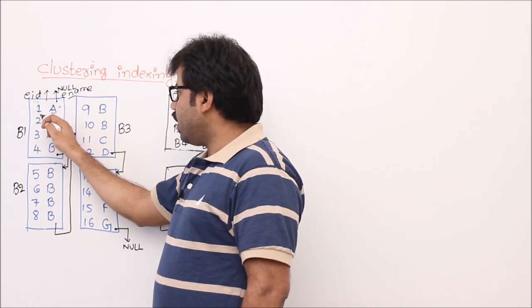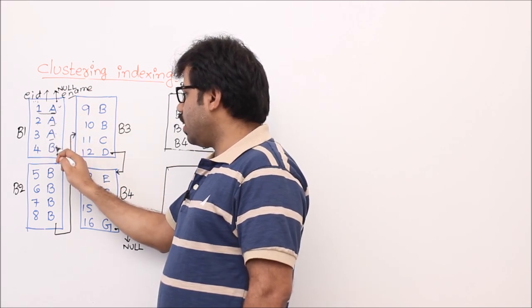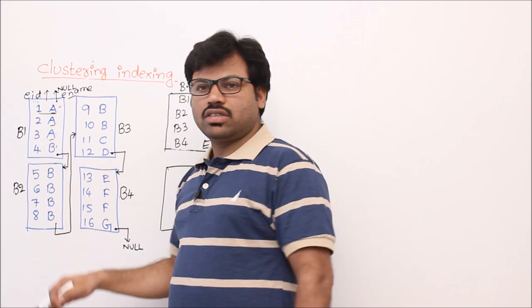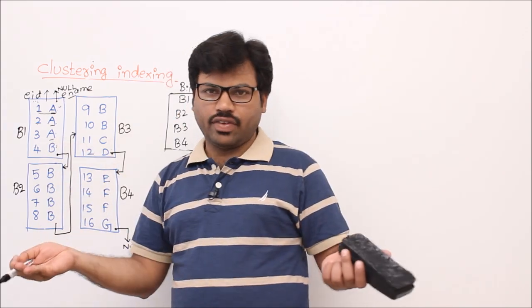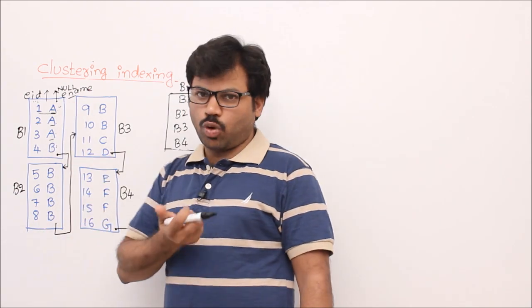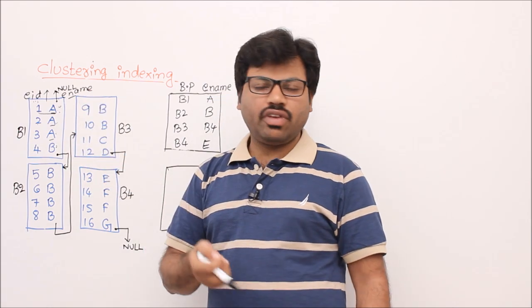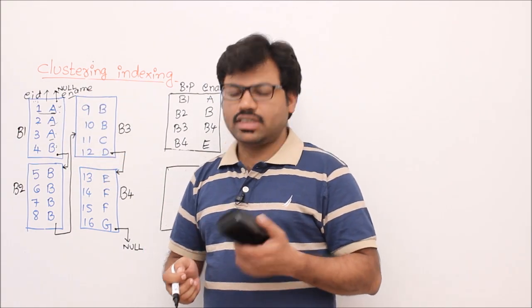So you retrieve the A records here. After that, if suddenly you see B, then the succeeding blocks will not have anything related to A. Since data is ordered, we can exploit that situation and say these are the only valid records. In that way we can plan our algorithm.